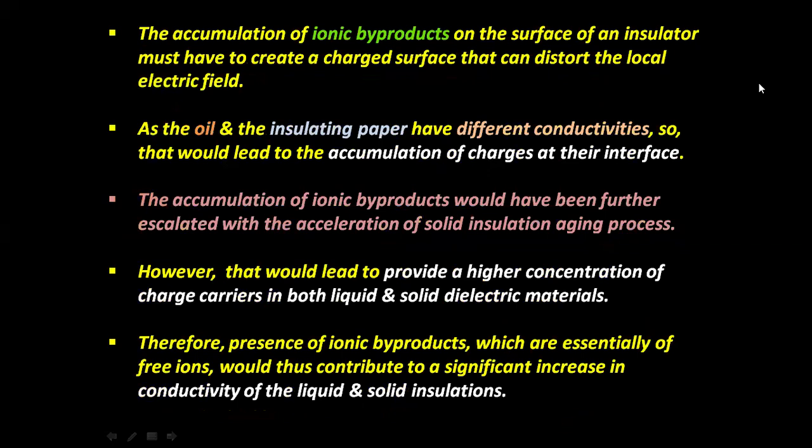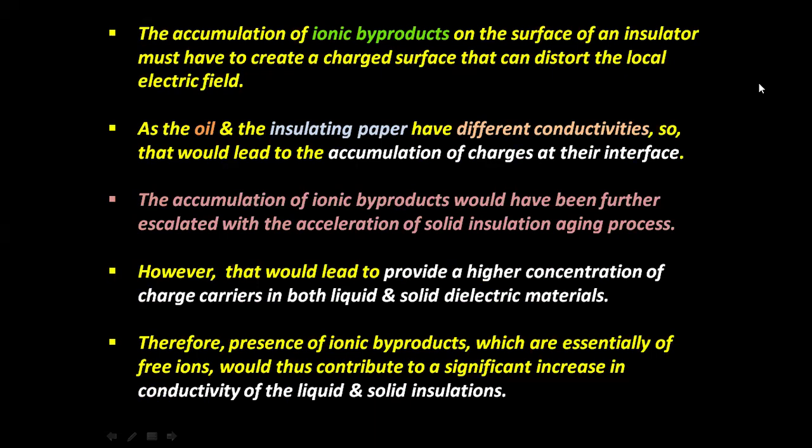The accumulation of ionic byproducts on the surface of an insulator creates a charged surface that can distort the local electric field. As the oil and the insulating paper have different conductivities, that would lead to the accumulation of charges at their interface.